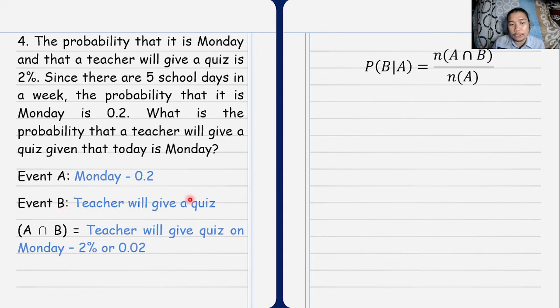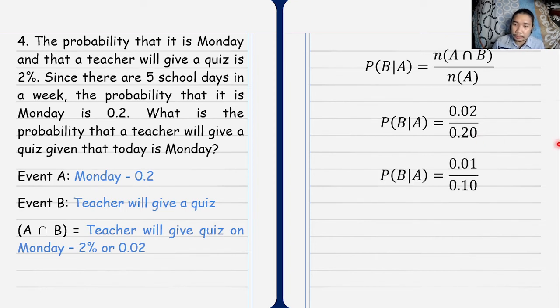And if we need to find the probability of B, this formula is the thing that we need to use. So the number of A intersection B is equal to 0.02 because that is our intersection, given na siya. And then the number of A is equal to 0.2 or 0.20.